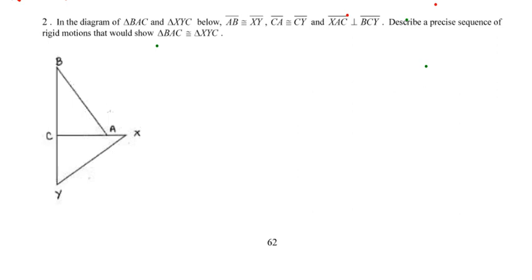All right, let's go take a look at number 2 and see if we can apply that same idea. They've given us some triangles in this case. They've told us that certain pairs of line segments in those triangles are congruent. So I'm going to start by marking segment AB congruent to segment XY by putting a little hash mark on each of those.